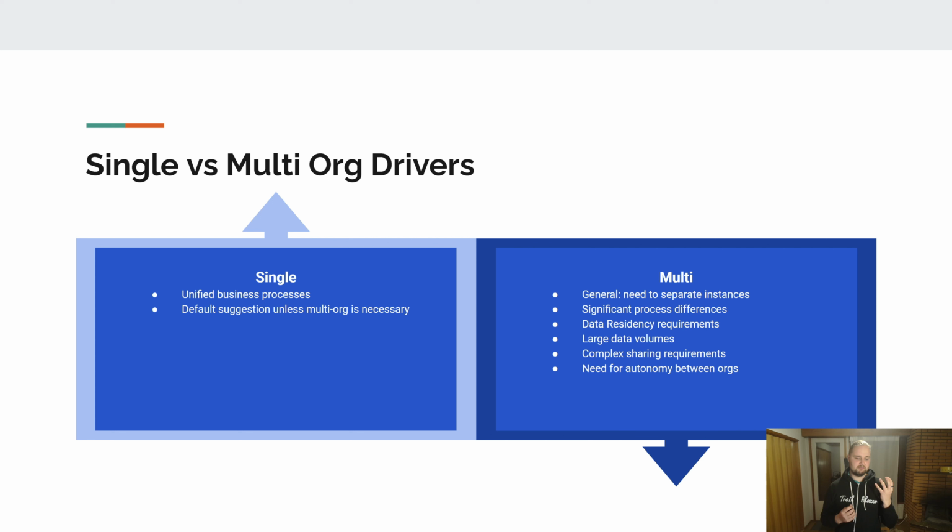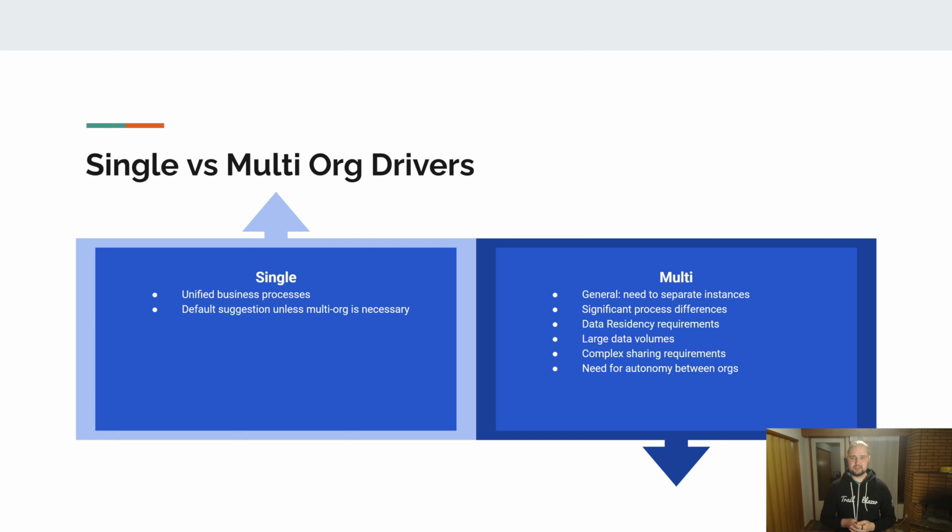For example, if we're dealing in the healthcare industry, we don't want to save patient data outside of the European Union if we have a legal requirement that the data needs to be physically located within the European Union. Another reason to go with multi-org is if we have such large data volumes that we can't handle them in a single instance.